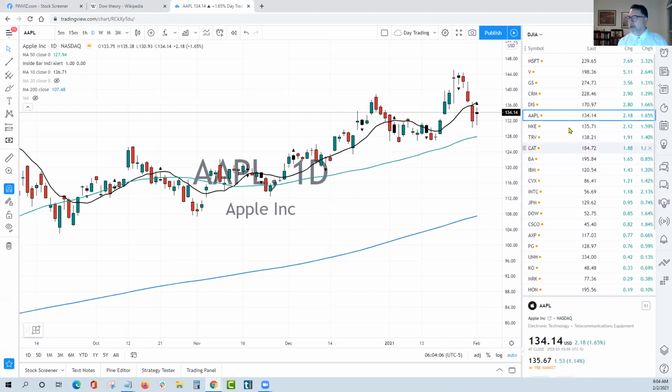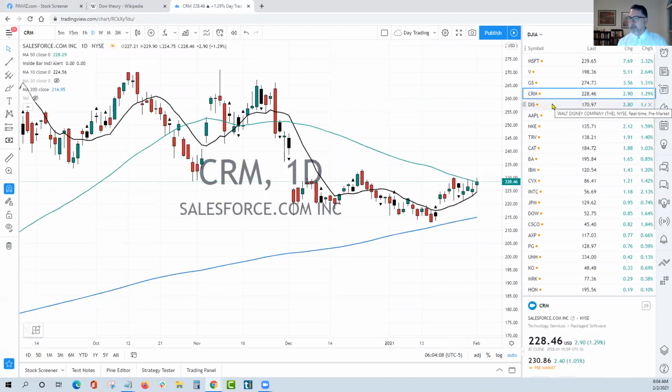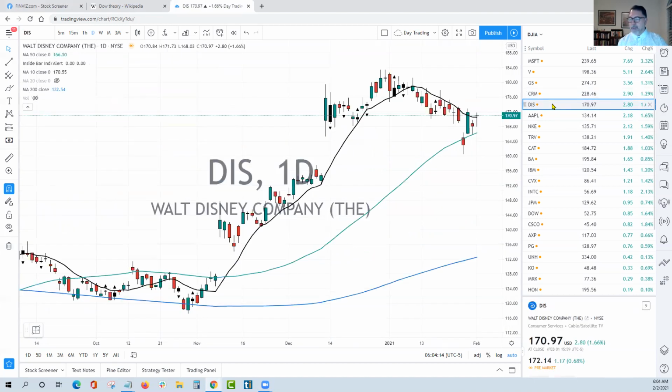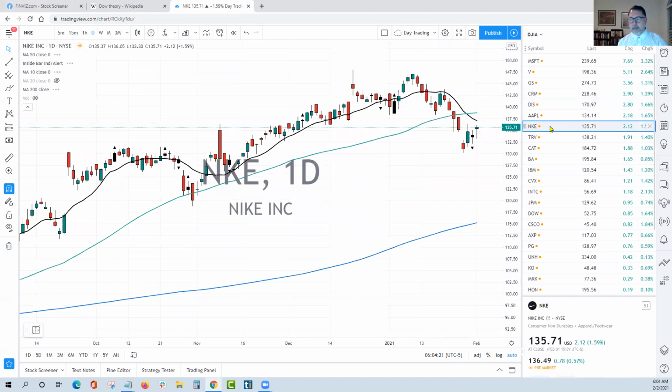What's fun here is you can start to go through all of the different stocks in the Dow, and you should be able to immediately determine: is there even something to do? That's really a big part of trading. Is there something to do? And if there is, then you break it down a little further and you get into your entry.